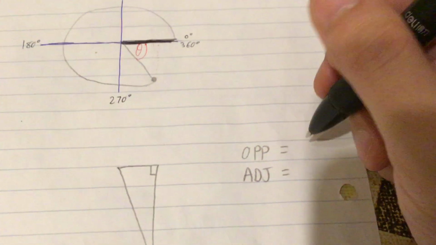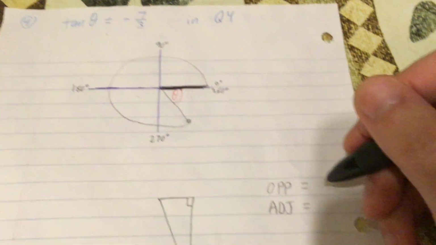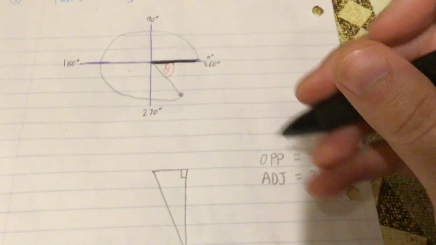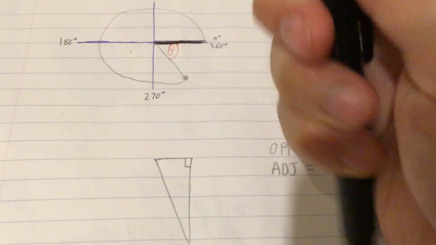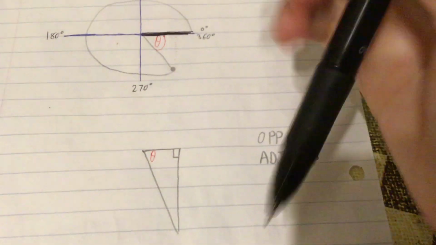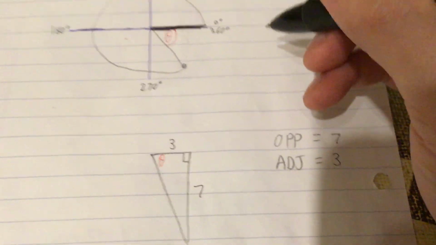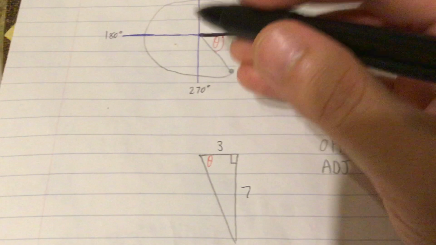So remember that we're in the world of tangents, so that's opposite over adjacent. So let's just call the opposite 7 and the adjacent 3 for angle theta. So 7 is the opposite side, 3 is the adjacent side.